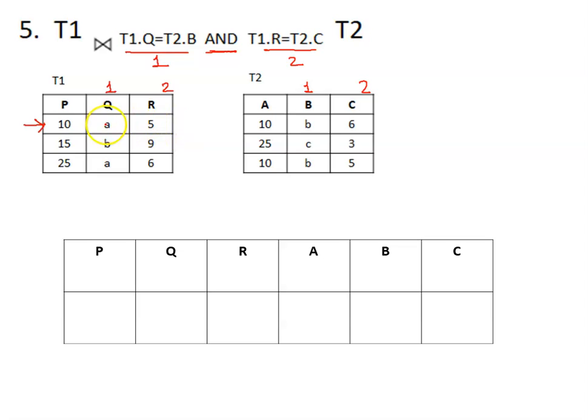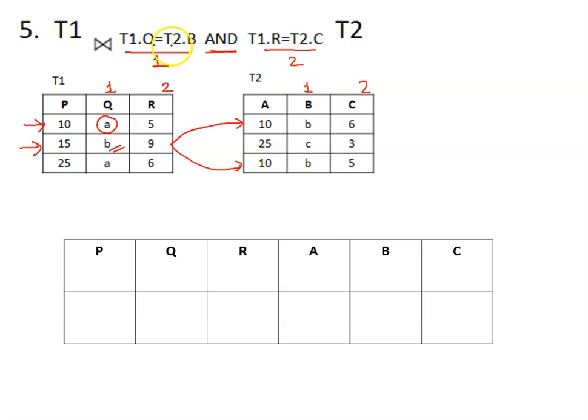Okay, referring to the first domain value A. Is there a match with B? There is no match with B. So since the first condition fails, obviously there is no need to check for the second condition. We move to the second tuple with respect to the value B. Is there a match anywhere? Yes, there is a match here and there is a match here.